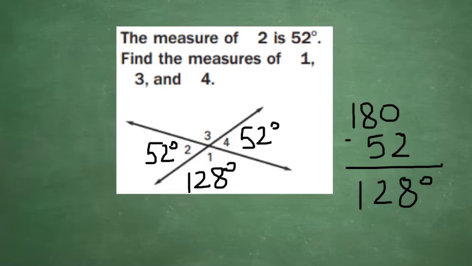Now we notice these two, angle 1 and 3, are vertical, so we can say that this one here is also 128 degrees. Linear pairs are supplementary: 128 plus 52 is 180. Vertical angles are congruent, and that problem is solved.